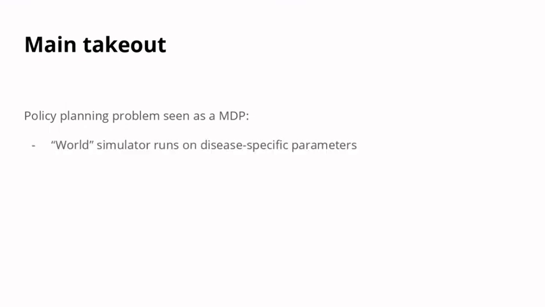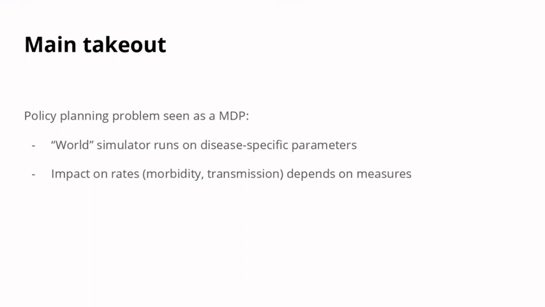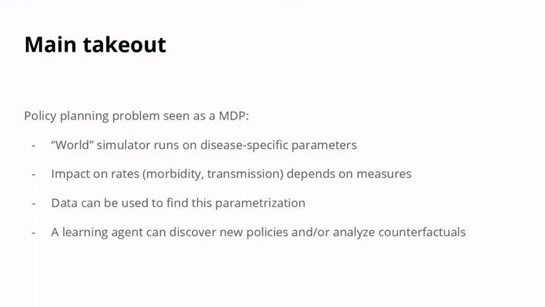and infections of COVID. So the main takeout is that the policy planning problem is seen as an MDP, where the world runs on specific disease parameters, such as, for example, the incubation period and the recovery rate in the case of the model I presented. The impact of rates depends, of course, on the measures, and this mapping needs to be learned from data.